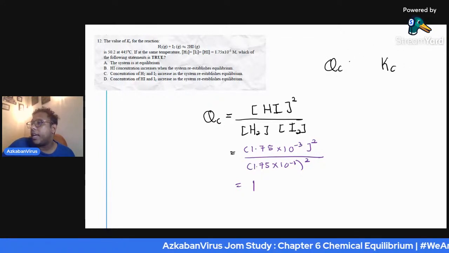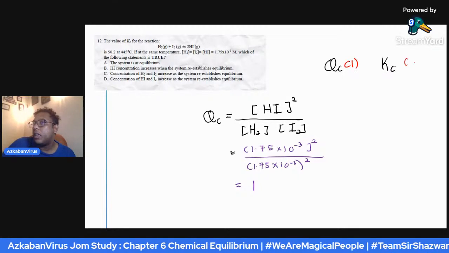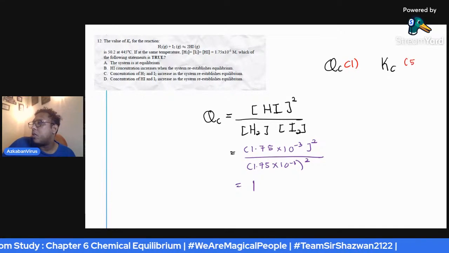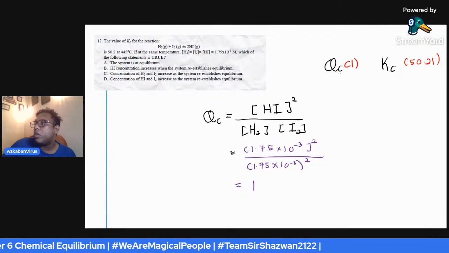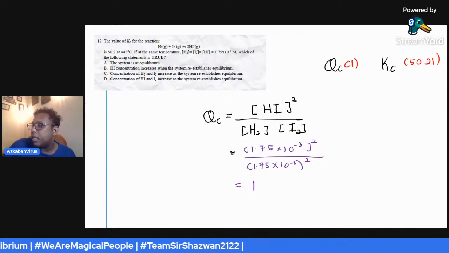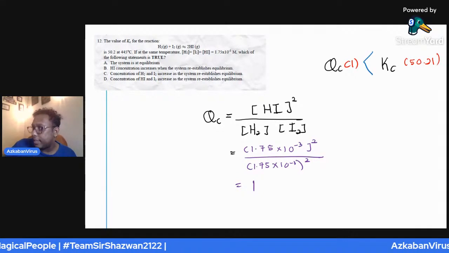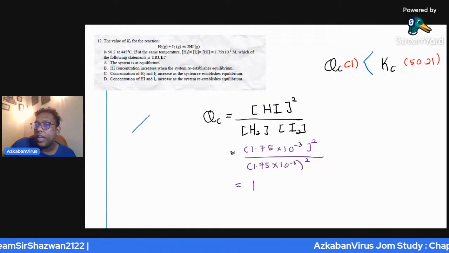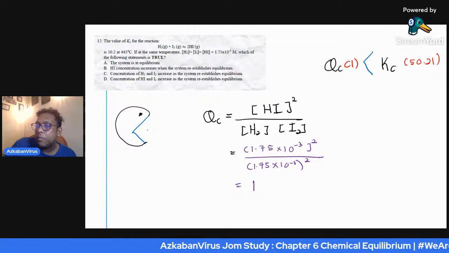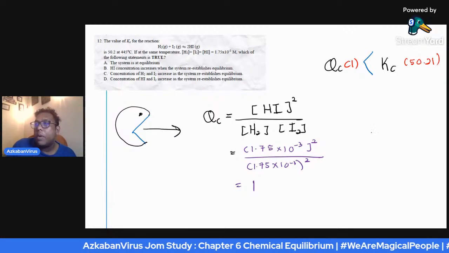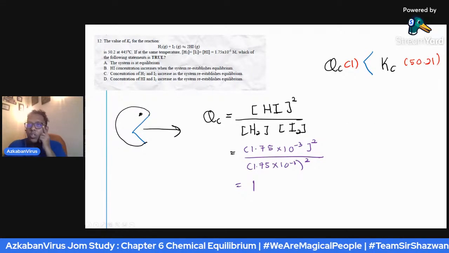Ini adalah nilai dia 1. Ini adalah 50.2. Kita tahu bahawa QC is less than KC. Sebab dia lebih kecil. So, ingat kecil. So dia akan bergerak ke kanan. Menghasilkan lebih banyak produk.